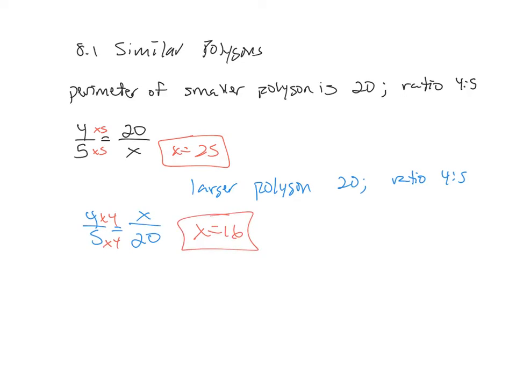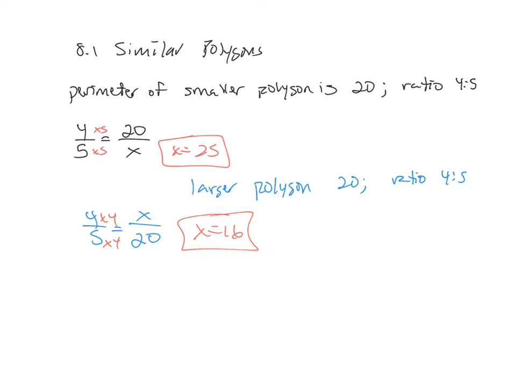Okay, so just the key: perimeter of the smaller polygon, perimeter of the larger polygon, put the actual perimeter across from the larger or the smaller number of the ratio.